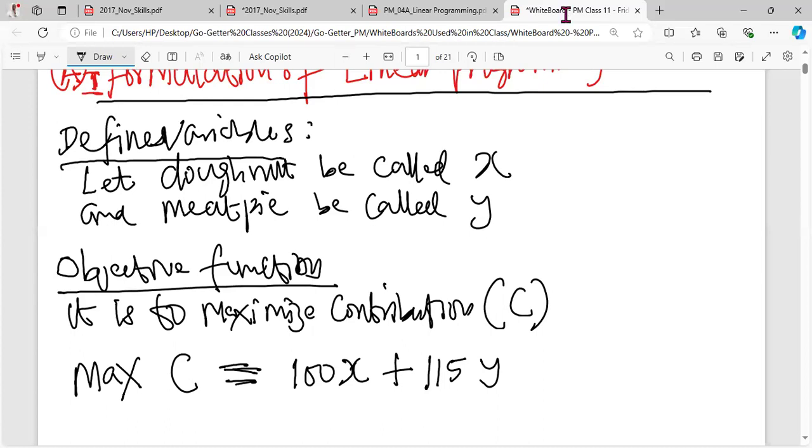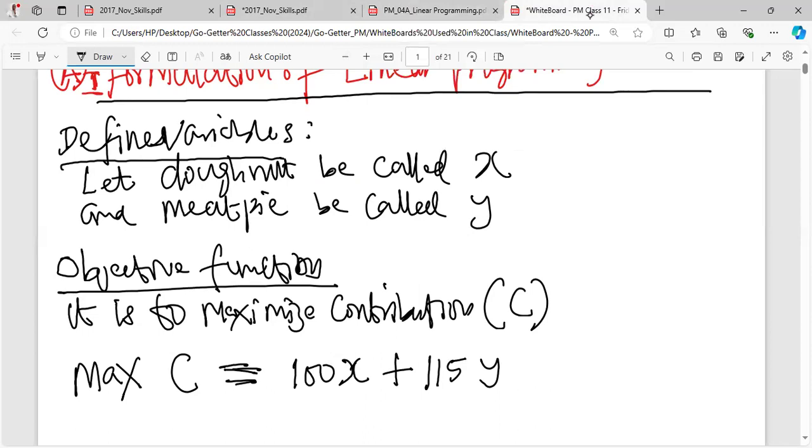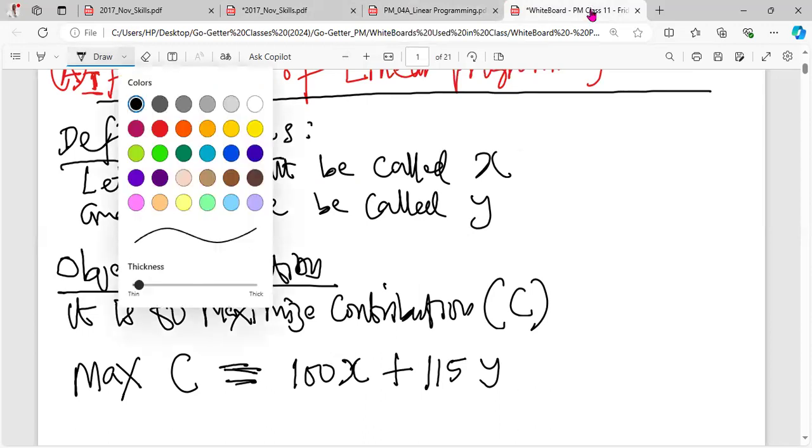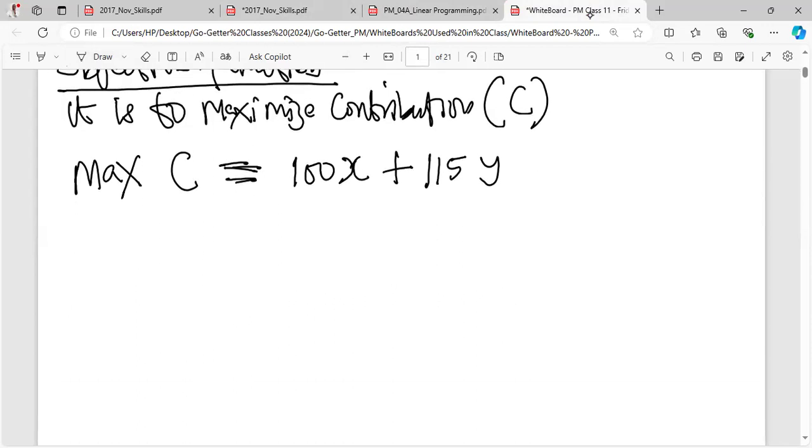So that's it. The next thing here we said is to formulate the constraint. So how do we formulate the constraint? Formulation of constraint.